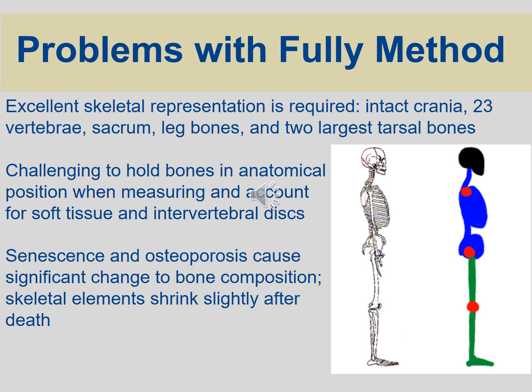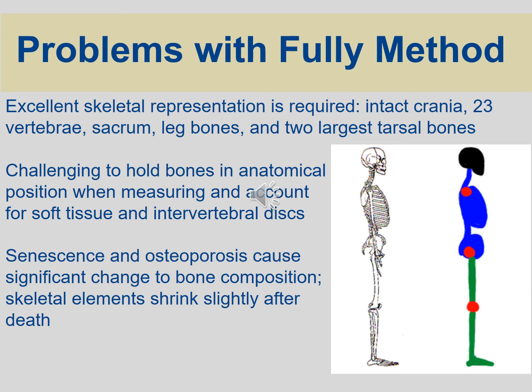We also know that there's soft tissue, like I mentioned on the slide before, like in the heel, but there are also intervertebral discs that provide a little bit of space between your vertebrae. If you're just measuring the heights of the vertebrae, you're not actually including the intervertebral discs that contribute to living stature, living height.